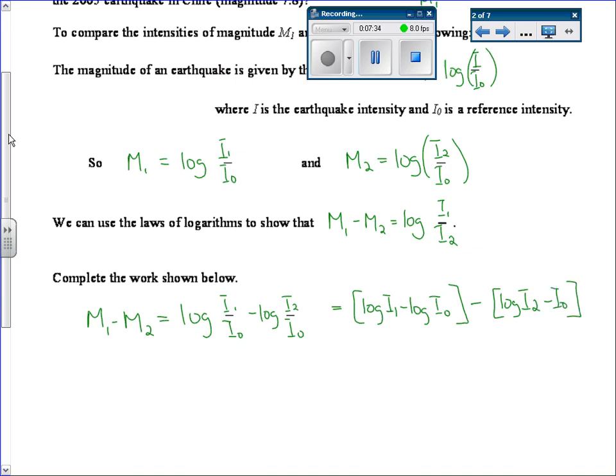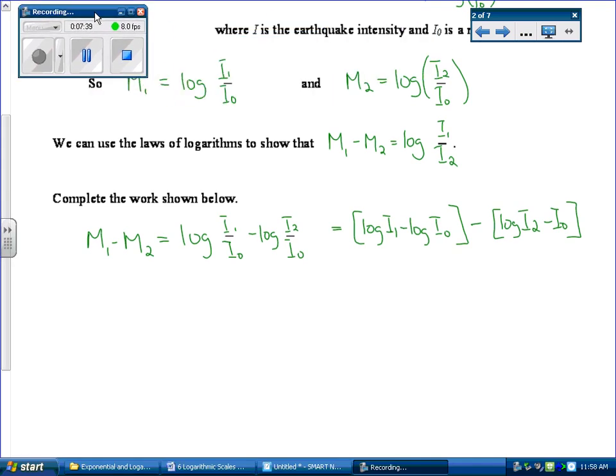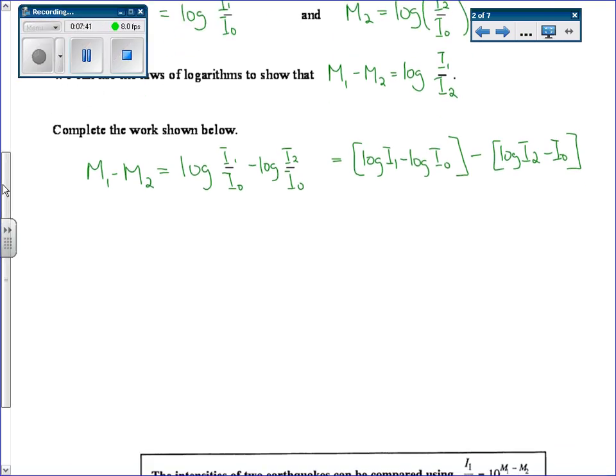Now you're not going to have to do what I'm doing here. I'm doing this so you can see where the formula that we're eventually going to use actually comes from. If we simplify this, we get log I1 minus log I0 minus log I2 plus, because we've got a negative times a negative, so that's plus log I0.